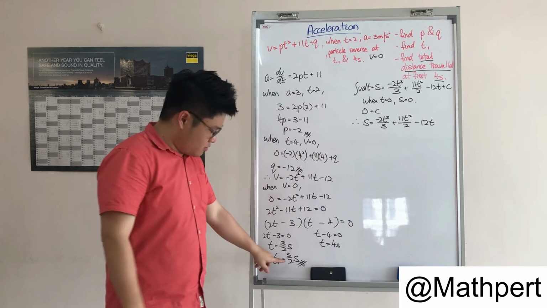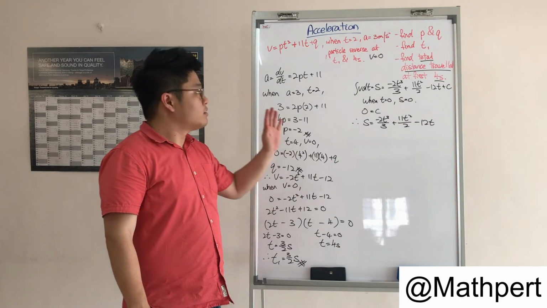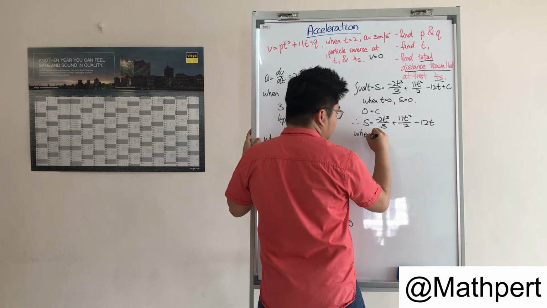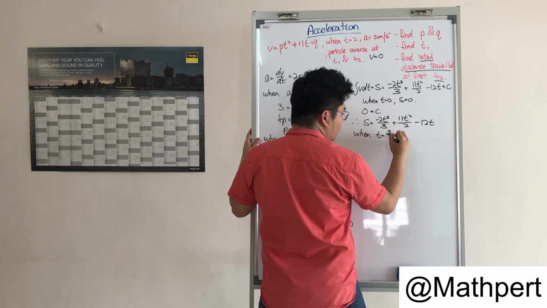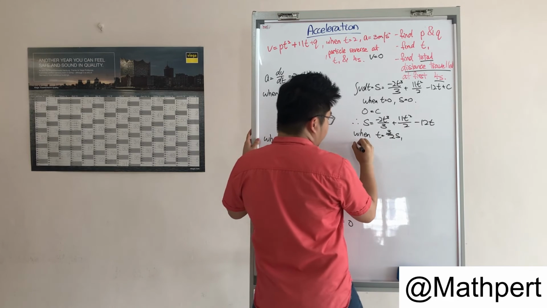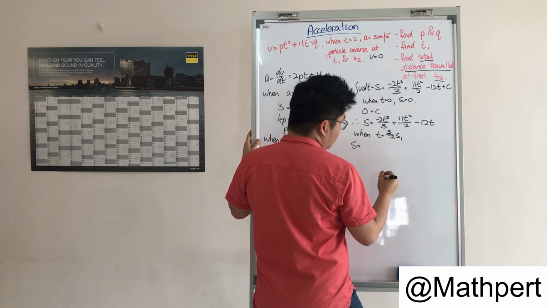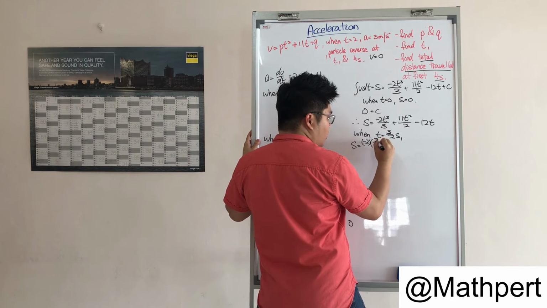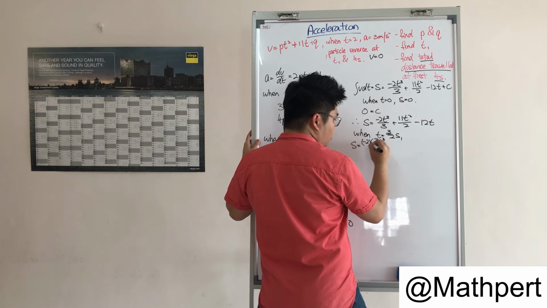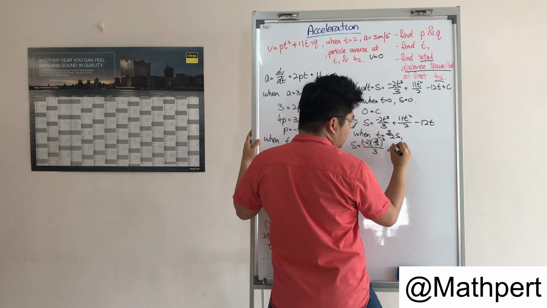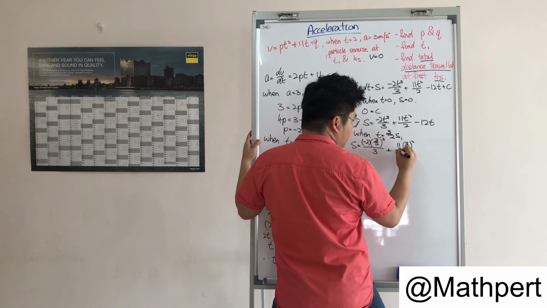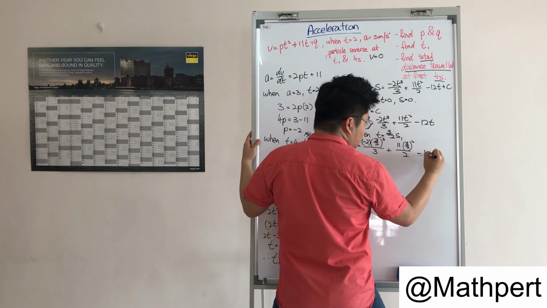Now we know that at 3 over 2 second and 4 second, the particle reverses. So let's find out when t equals 3 over 2 s. So s equals negative 2 multiply 3 over 2 cubed over 3 plus 11 multiply 3 over 2 squared divided by 2 minus 12 multiply 3 over 2.